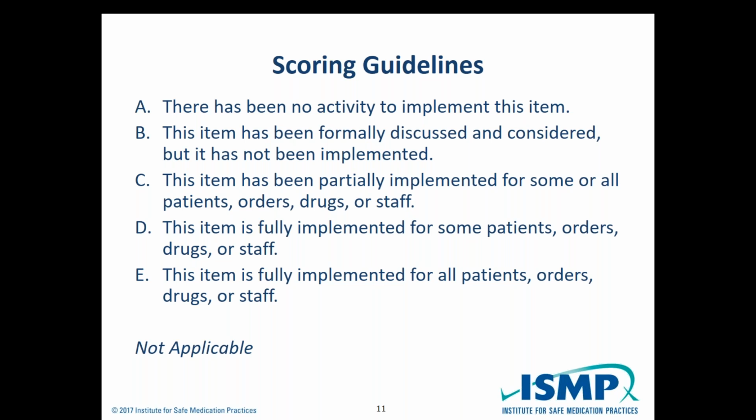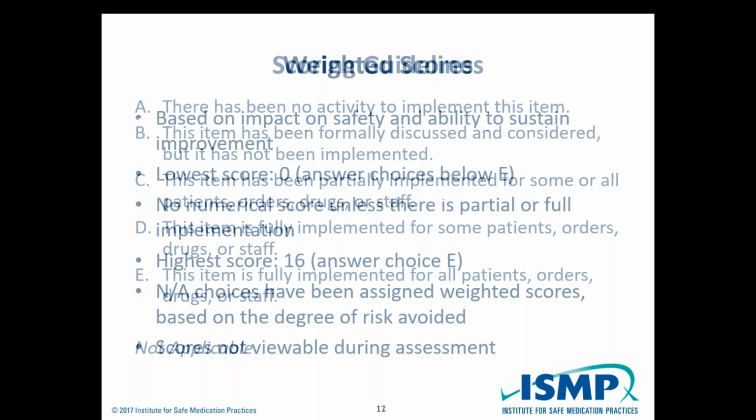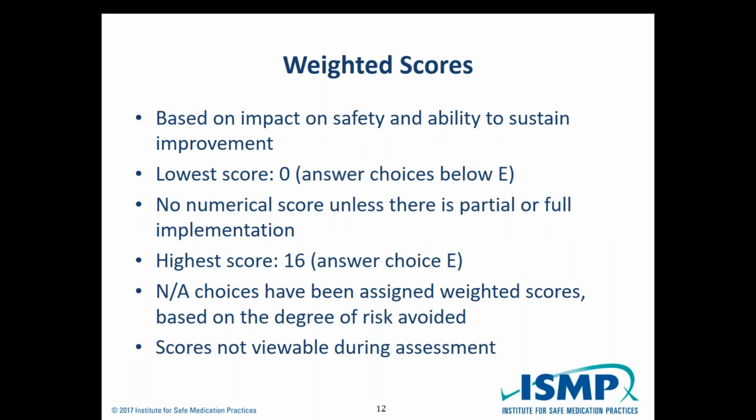And then there are also some items that are marked not applicable, such as when you may not treat pediatric patients at all in your institution. You may not do oncology at all in your institution. So even with some of the general items that we ask, there are some NAs in there that you would click that box. And there are also explanations of exactly what we mean by those not applicable.